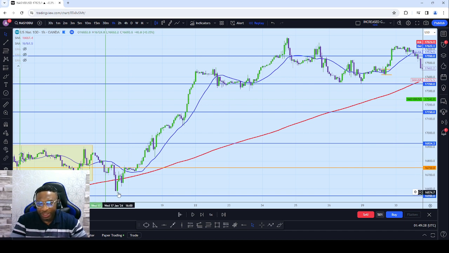This is a long push down. So after this long push down, price broke above the 20 moving average and got held up here. Price got held up here in this particular situation.